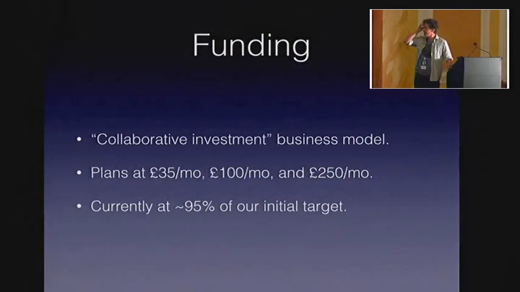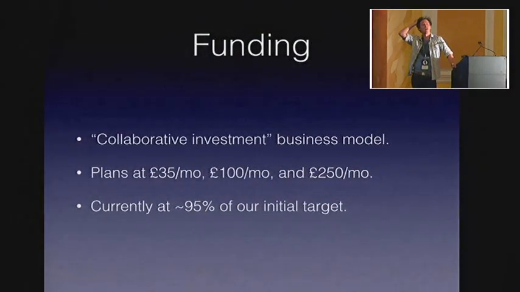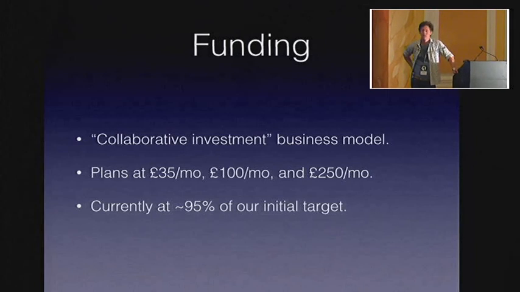So I've got a baseline figure for this, which is I think that the company needs to be pulling in at least 48,000 revenue a year. That's not salary, that's revenue. We're at 95% of that. If I can hit 100% of that, then I'm going to be able to commit to saying, right, I can do this full-time indefinitely.